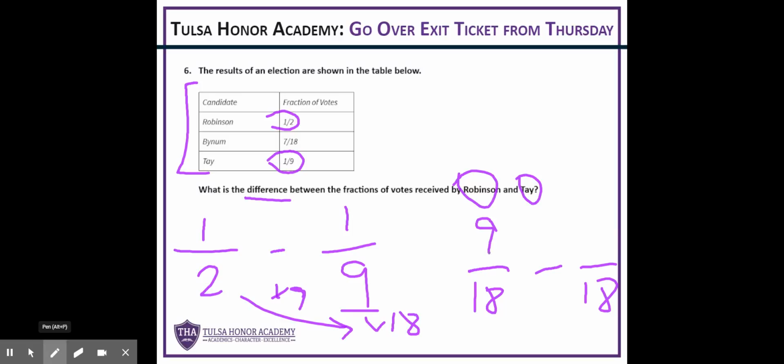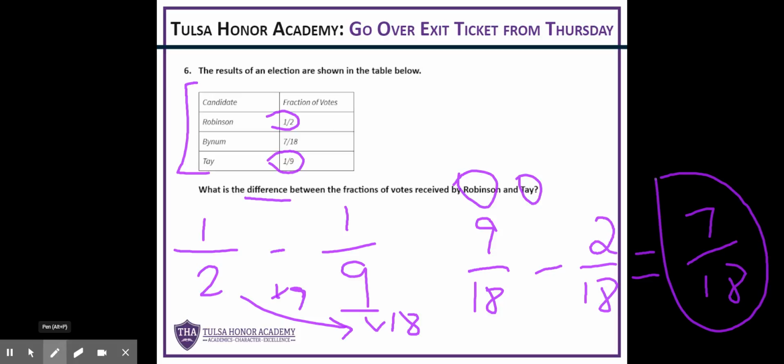So to get 9 to 18, we have to multiply by 2. So we're going to multiply the numerator by 2. So then 9 minus 2 equals 7 over 18. So what this means is that the difference between the fractions of votes received by Robinson and Tay is 7 over 18.